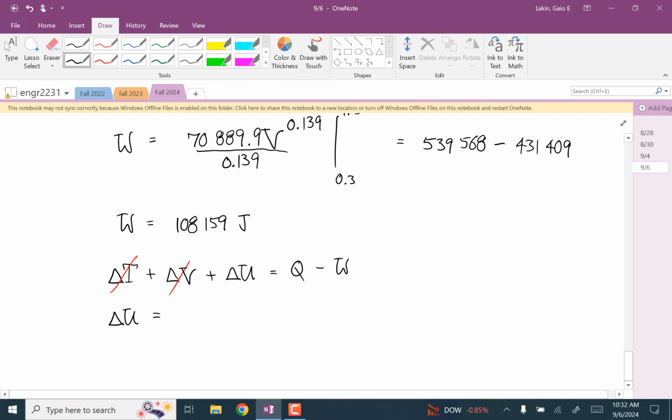So is Q positive 200 or negative 200? Positive, yep. Q is the amount of energy added to the system.